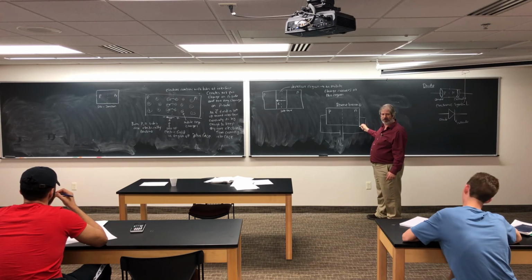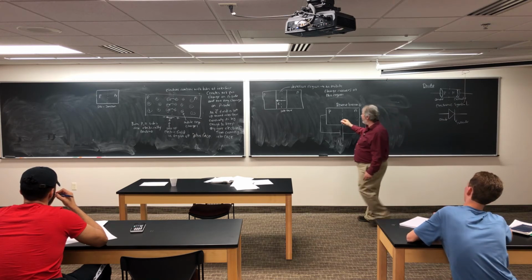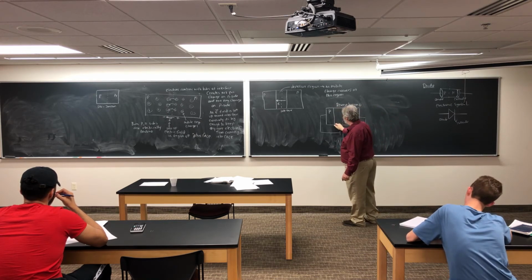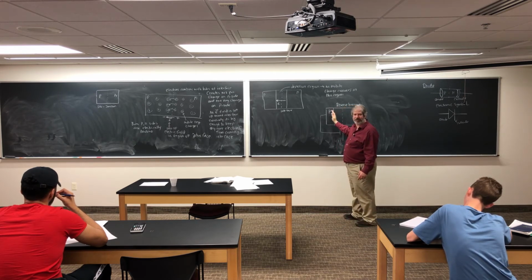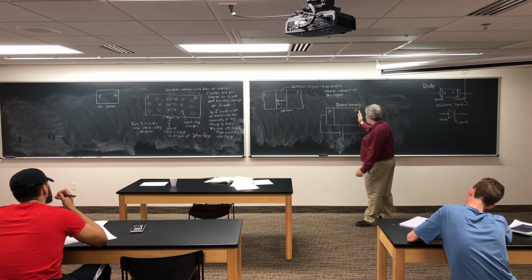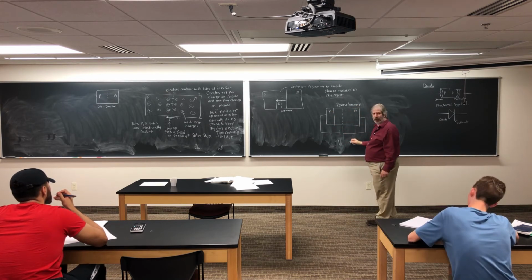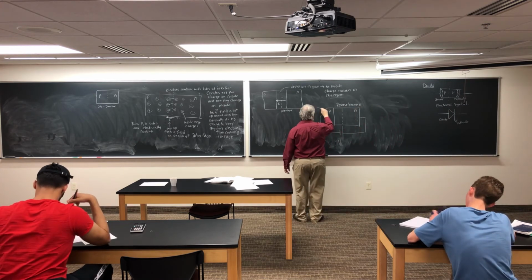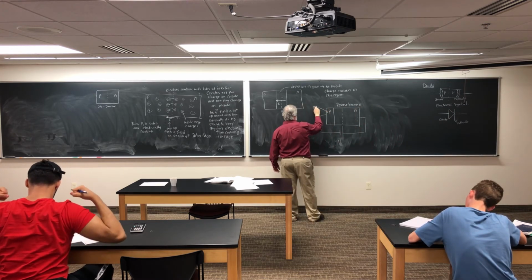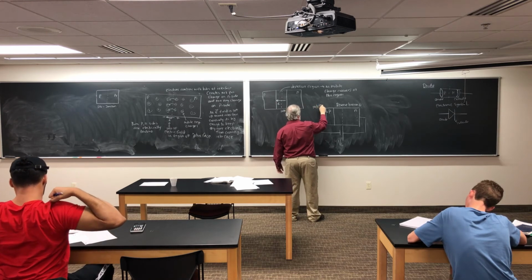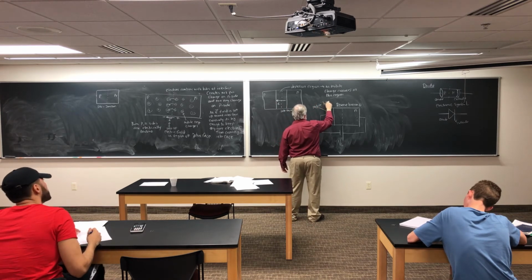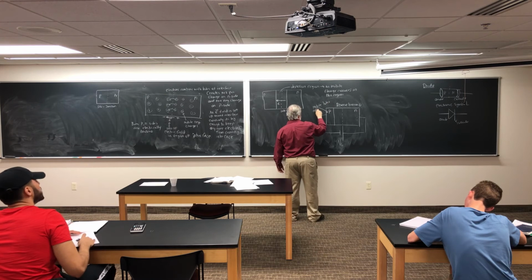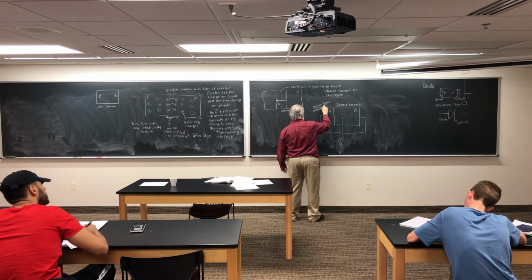So what's going to happen is positive mobile charges collect on this side, and negative charges collect on this side. Maybe some of them flow around. Holes collect on this side.